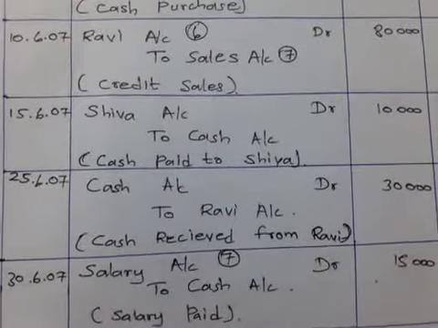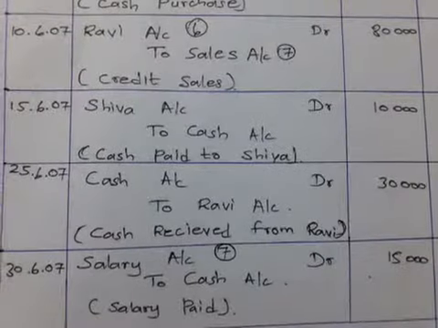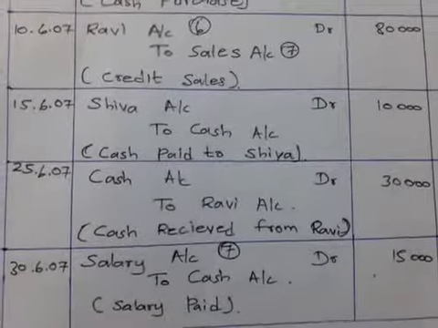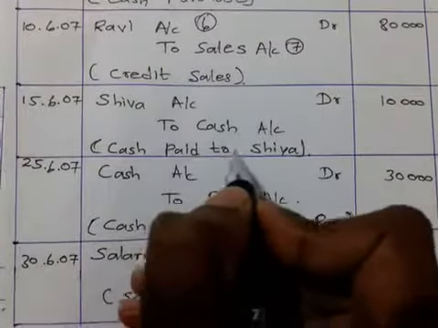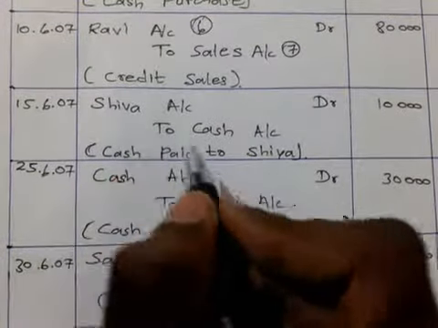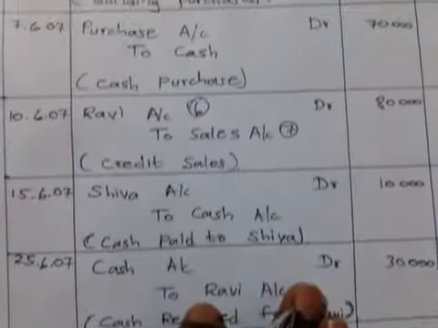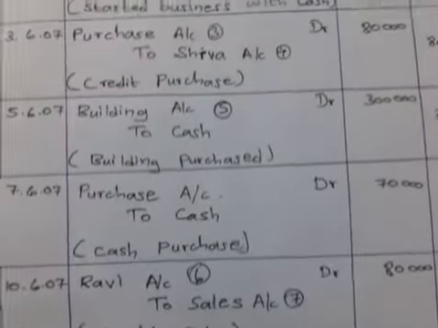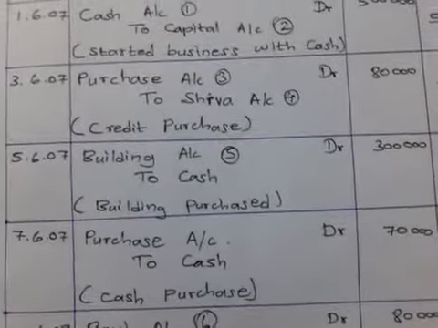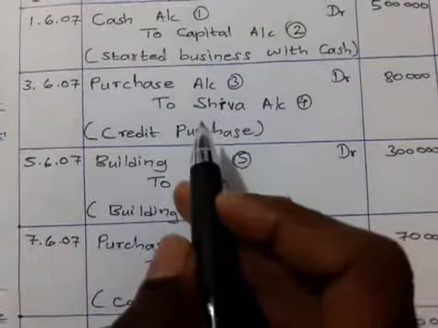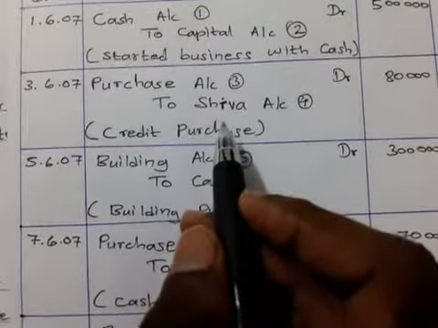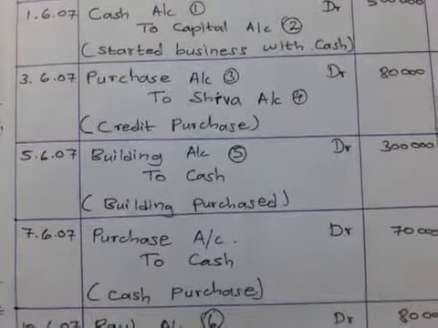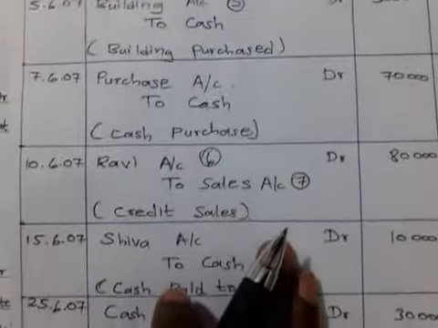The next journal entry says about the cash paid to Shiva. Shiva is a creditor of the firm, because previously we saw one credit transaction, that is the credit purchase. So through this credit purchase he became a creditor of the firm, so the firm has to pay the money to Shiva.